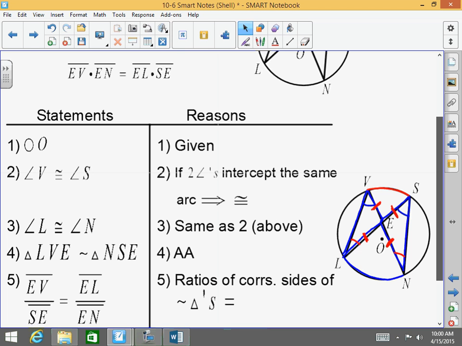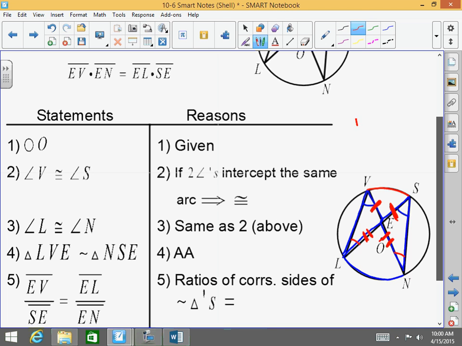Ratios. And then from there, we're going to go to means extremes, yes. But remember, before means extremes, we had this discussion before, you have to set up the ratio. EV, which is this guy right here, to ES is congruent to EL to EN.